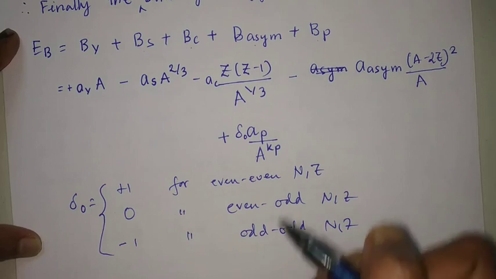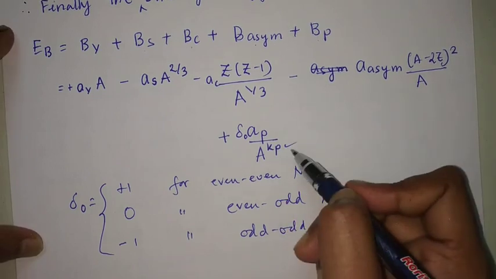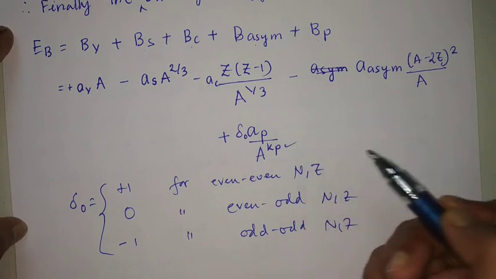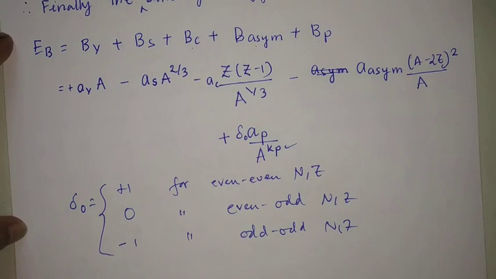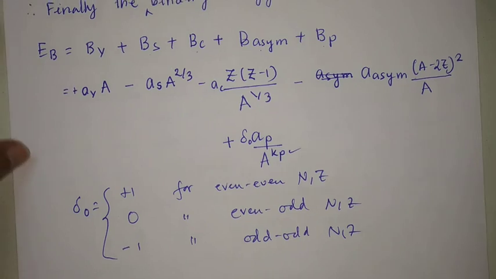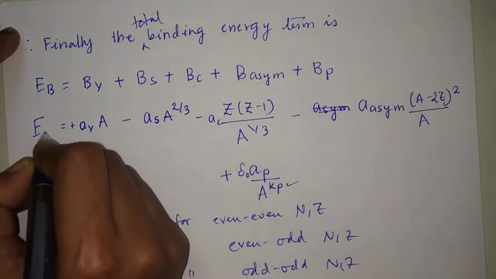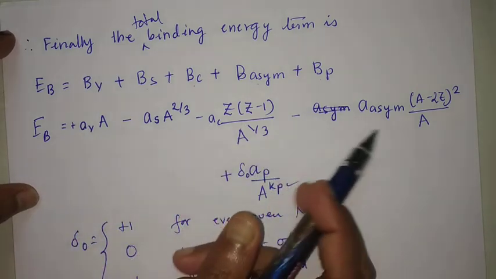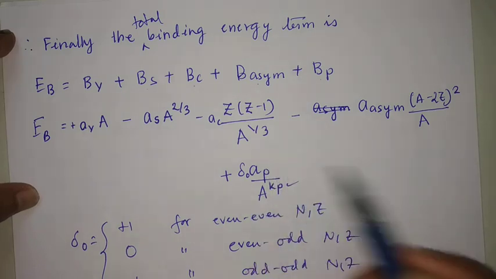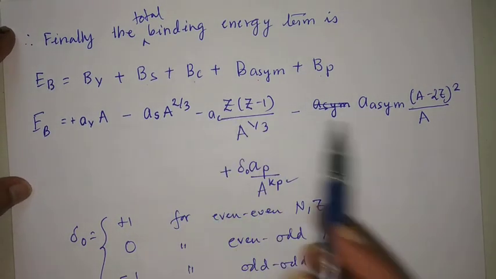And KP you can use either from the modern nuclear data or the old nuclear data, you may use any one. So you have to memorize this expression, and using it there may also be some numericals where the values of AV, AS, AC, asymmetry, all the coefficients are given, and the mass number and the proton number are also mentioned.